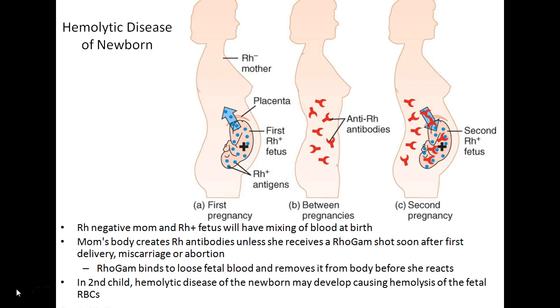In summary, if there is a conflict in Rh grouping, the first pregnancy sometimes goes quite well. The second pregnancy can be problematic, as those antibodies will attack, quote unquote, the natural antigens in the fetus because it thinks they are a foreign substance.